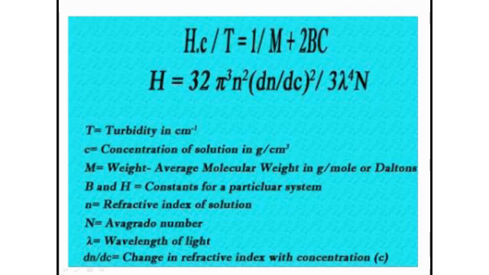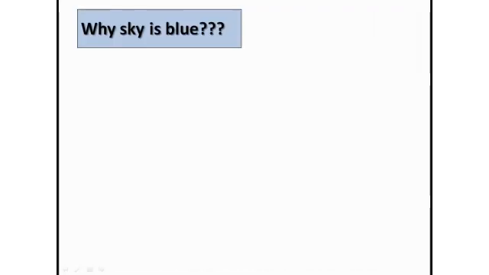Done. Now there is a question: why is the sky blue? We all know that the source of light that is coming from the sun generally has the red and yellow beam, right? But the sky appears blue. Why? The reason is very simple.